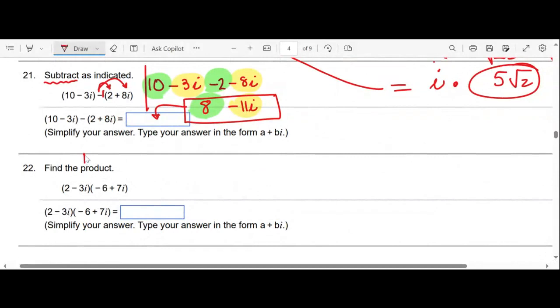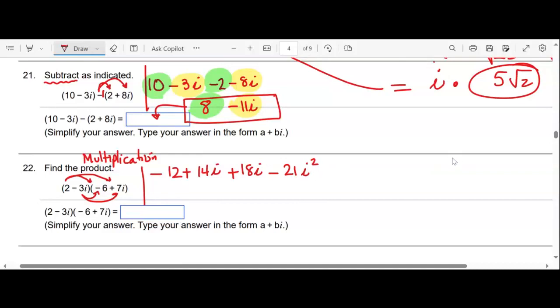Find the product. Product means multiply. So I have to distribute the 2 how many times? 2 times. And the 3 how many times? 2 times. So let's do 2 times negative 6, negative 12. 2 times positive 7i, plus 14i. Negative 3i times negative 6, and negative 3i times positive 7i. Before we said i is equal to how much?